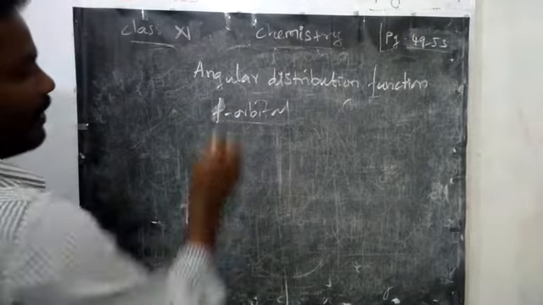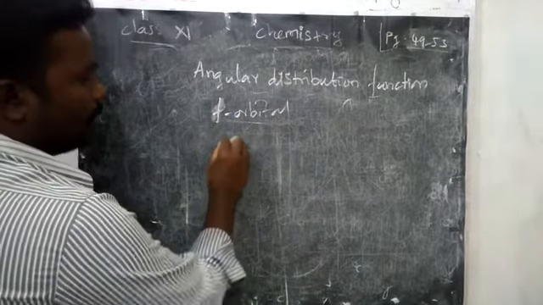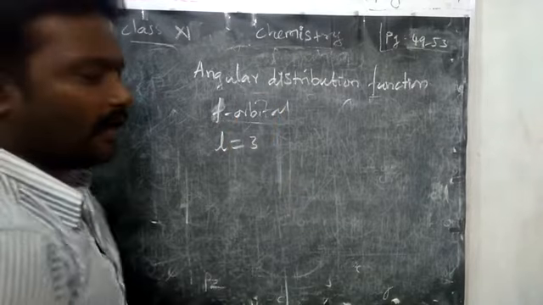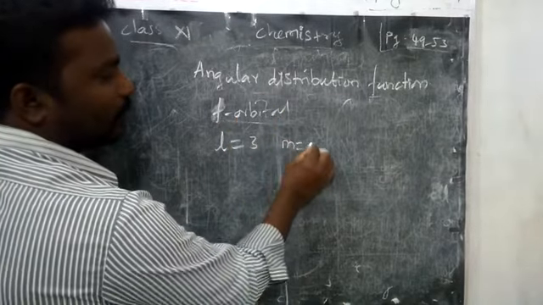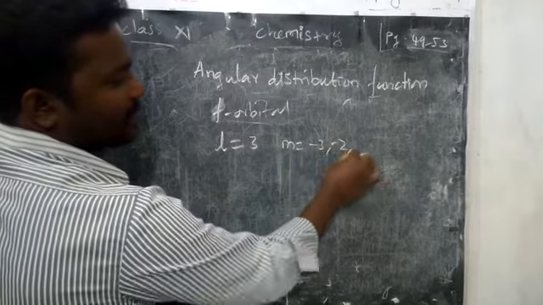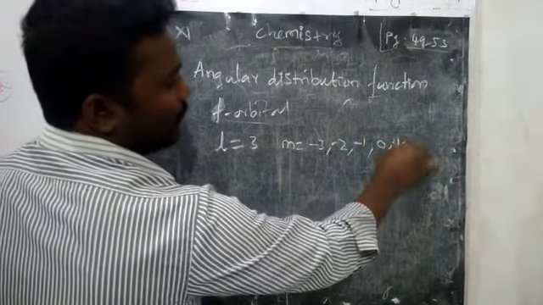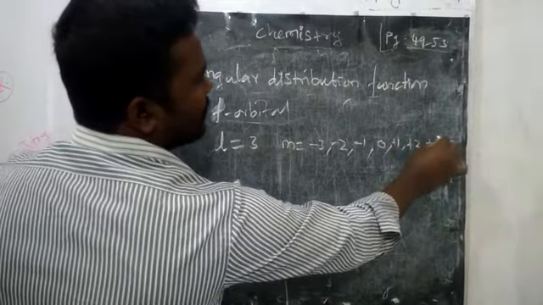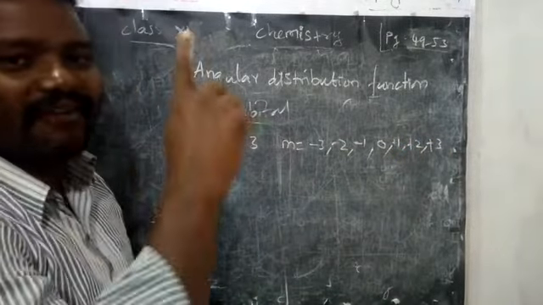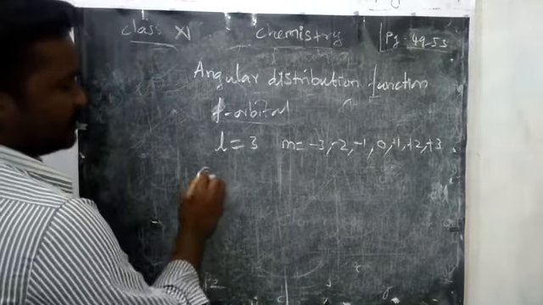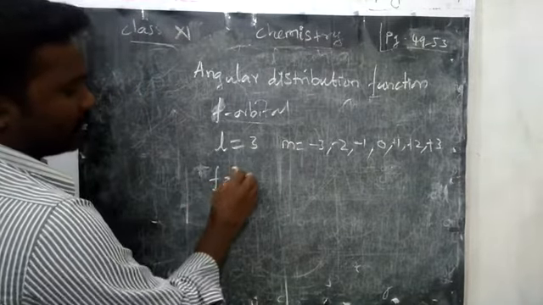So for the f orbital, what is the L value? L value is equal to 3. So L value 3 means m value minus 3, minus 2, minus 1, 0, plus 1, plus 2, plus 3. So totally 7 orientations are possible. What are they? fz cube.